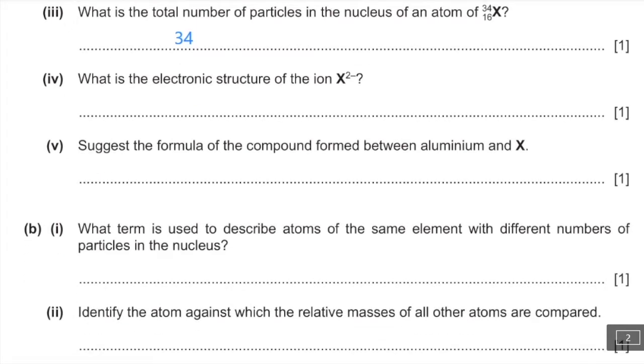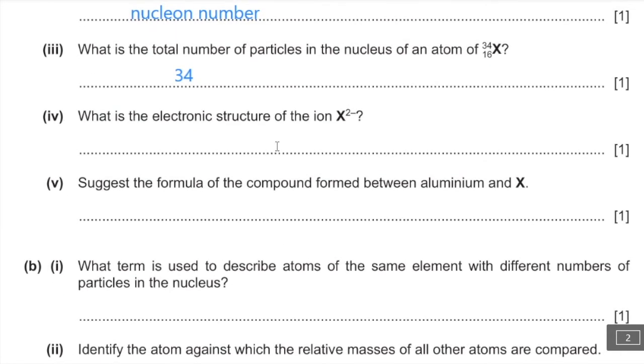4. What is the electronic structure of the ion X with a charge of -2? So as you can see over here, the atomic number is 16, which means that it has 16 electrons in total. But this was a neutral atom, which means the number of protons and electrons is equal.